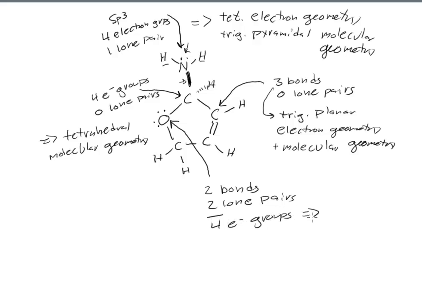And that implies tetrahedral electron geometry. 2 lone pairs, though, implies bent molecular shape. Because remember, we cover up those lone pairs when we think about the shape, and you can see the shape here implied in this COC bond. That has about 107 degrees in that bond angle.